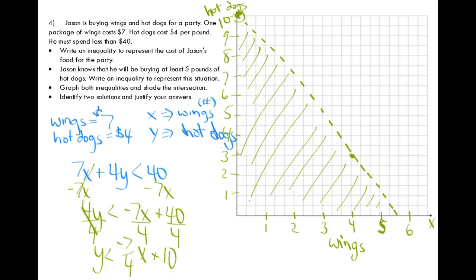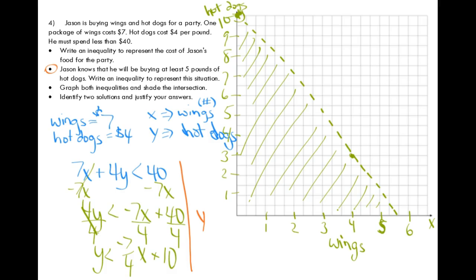But we still have a whole other inequality left. Jason knows that he will be buying at least 5 pounds of hot dogs. Write an inequality to represent this situation. Well, that's a much simpler one, because it only has to do with hot dogs. So we say y, which is the number of hot dogs, has to be at least 5.